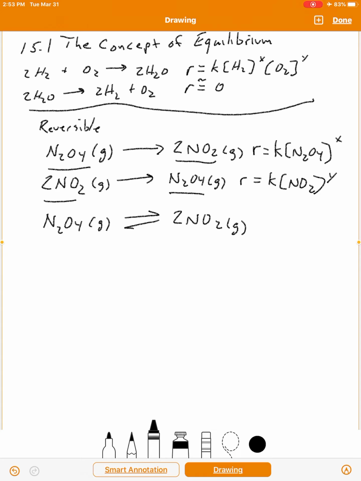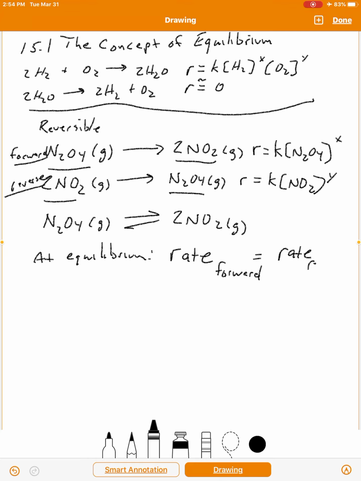And if it's in equilibrium, at equilibrium, what we would say is the rate of the forward reaction, we'll call this the forward reaction. It's kind of arbitrary which one we call forward. We'll call the other one reverse. So the rate of the forward reaction is equal to the rate of the reverse reaction.